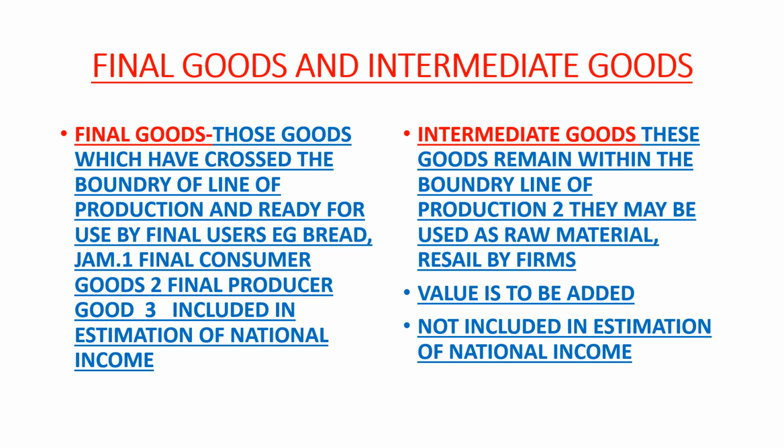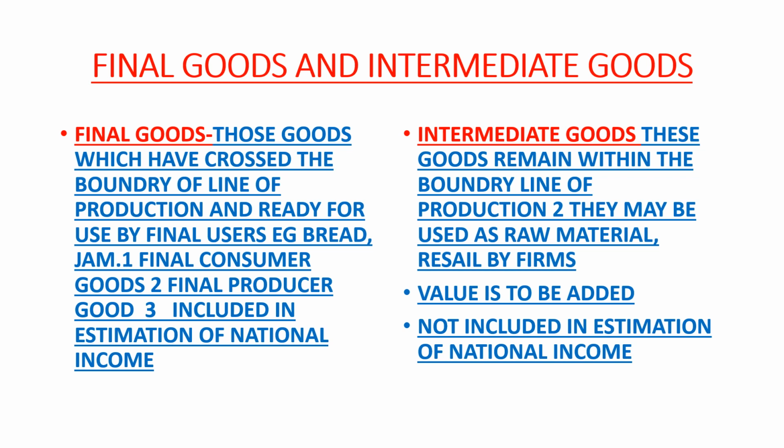They are of two types: final consumer goods and final producer goods. Final consumer goods are used by consumer, households, etc. Final producer goods are used by producers for production purpose, to increase their production, for example, plant and machinery. And these final goods are included in the estimation of national income.